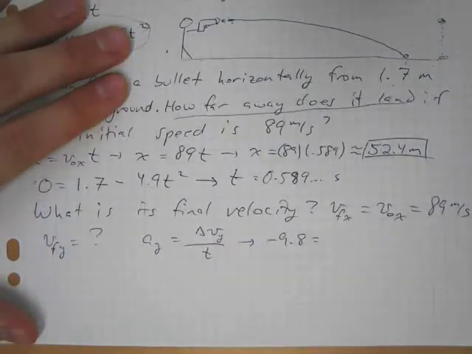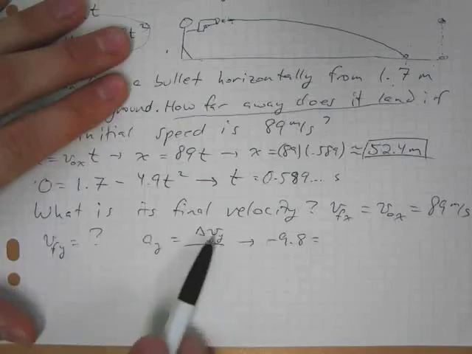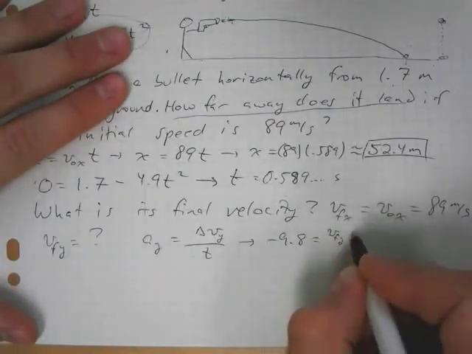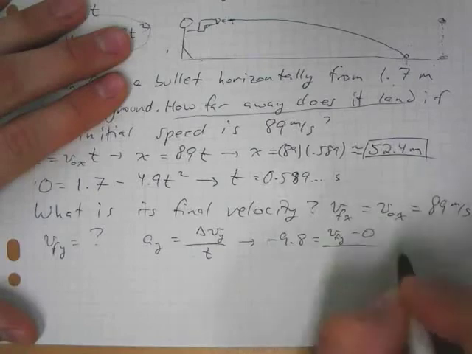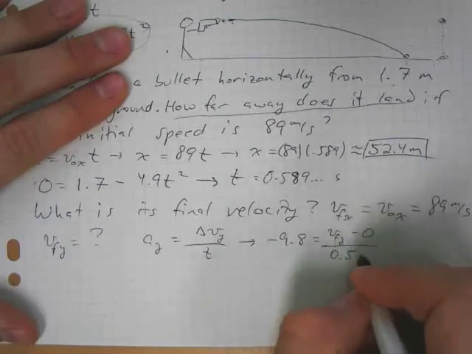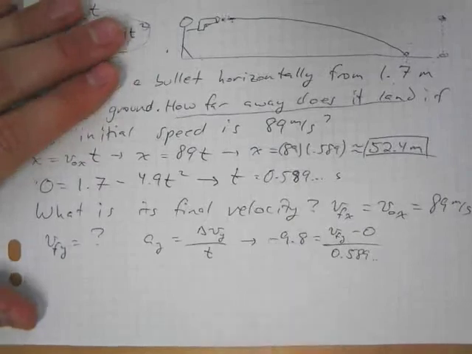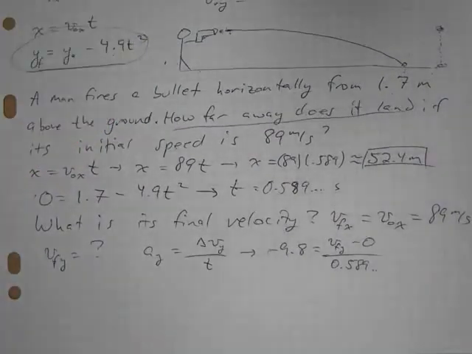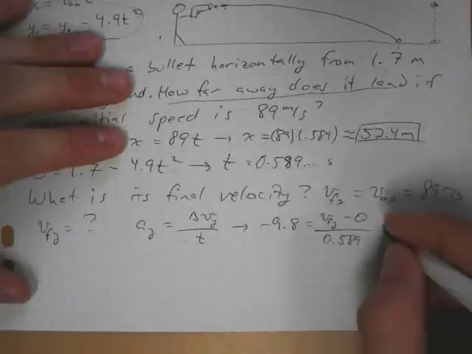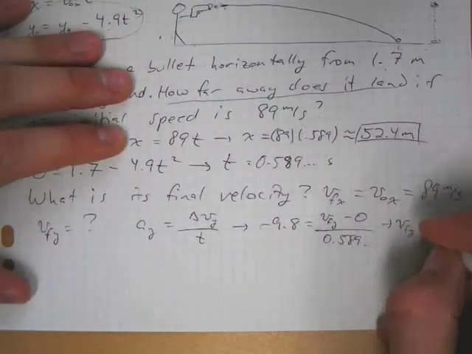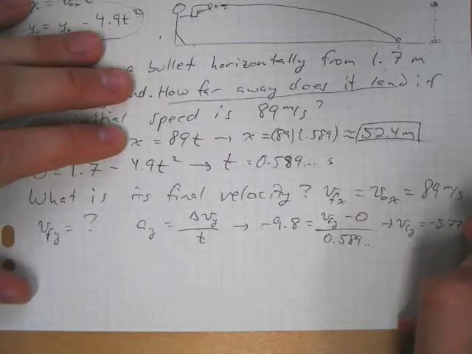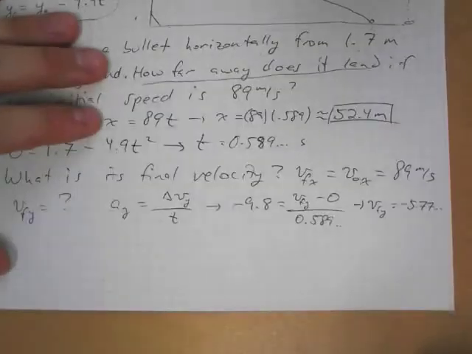Our v naught y is 0, and our time is 0.589, etc. And I plug that in using the stored value to get that my v final y is minus 5.77 meters per second, etc. And why is it negative? It's negative because it's moving downward. The y component of its velocity is downward.